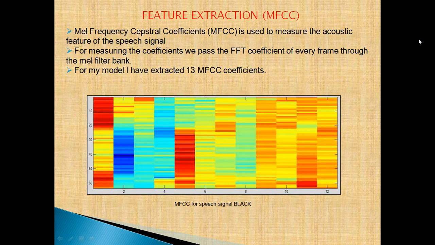For every word that we speak, we'll be doing this feature extraction, because this will help us in analyzing what speech has been spoken, and that will be detected against a set of vocabularies. Here the plot is shown for the word black, and the number of MFCC coefficients that could be extracted is in the range of 10 to 13, and for my model I'm using 13 MFCC coefficients.